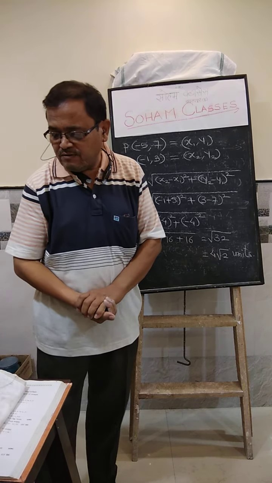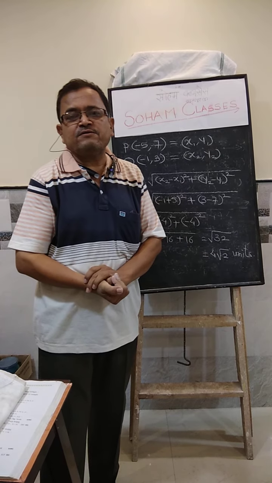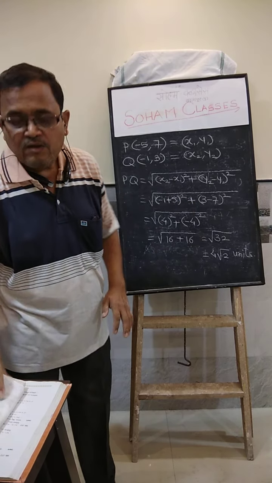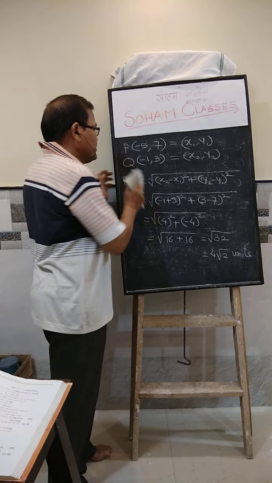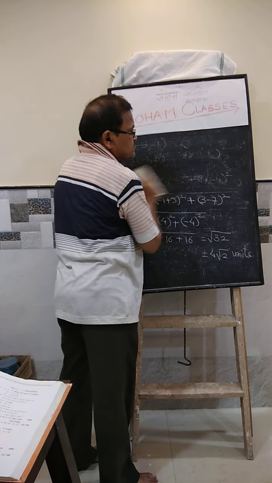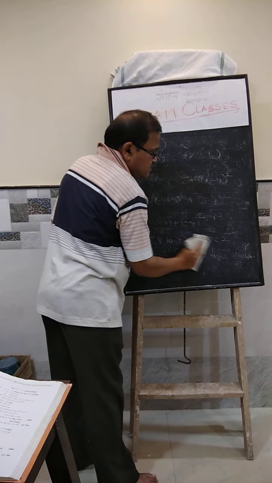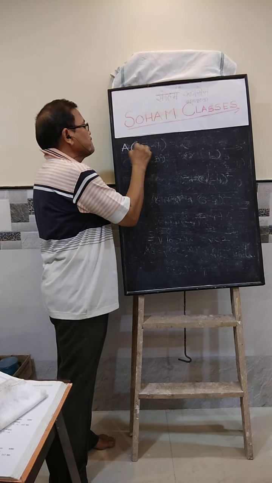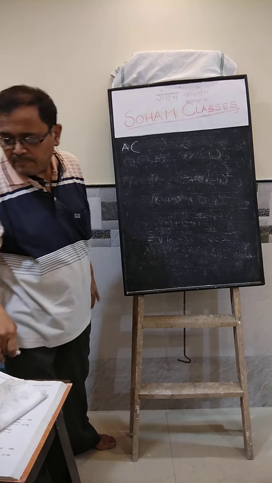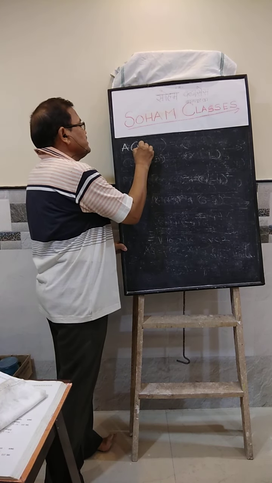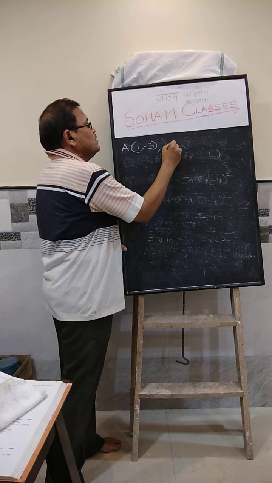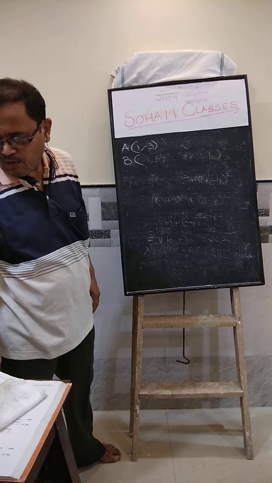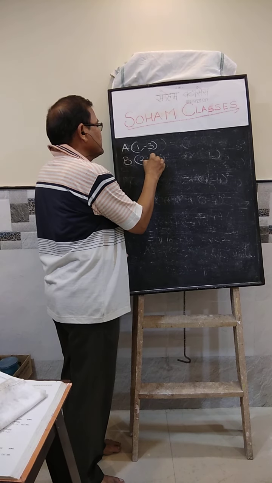In the second question, we have to find out whether these points are collinear or not. So just look here at the coordinates of points A, B, C. Coordinates of point A are 1, minus 3. Coordinates of point B are 2, minus 5.